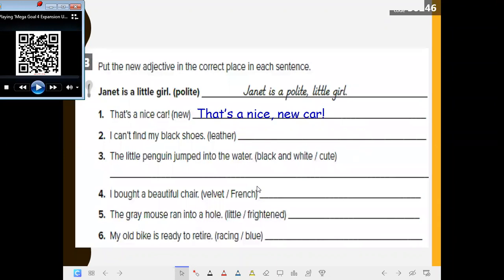As you see, my dear students, on this page, page 32, on exercise B, I want you to put the new adjective in the correct place in each sentence.